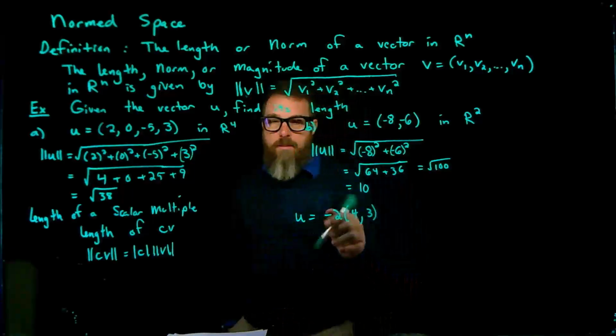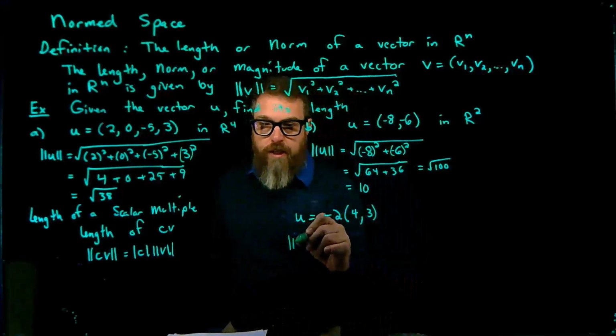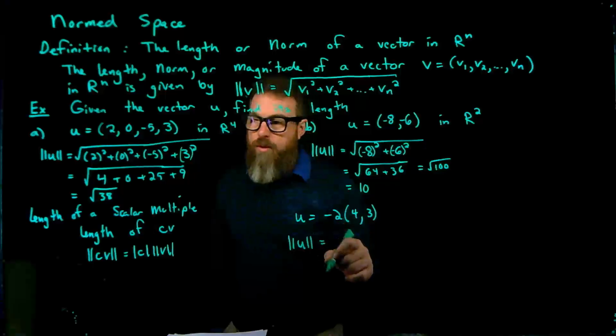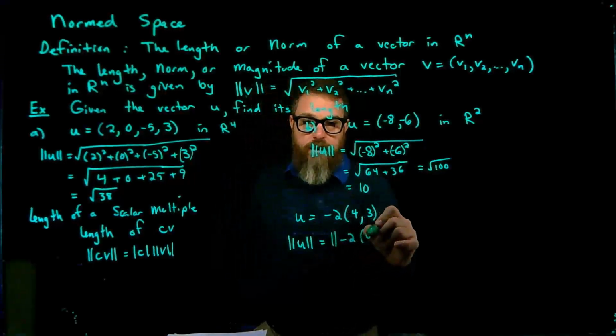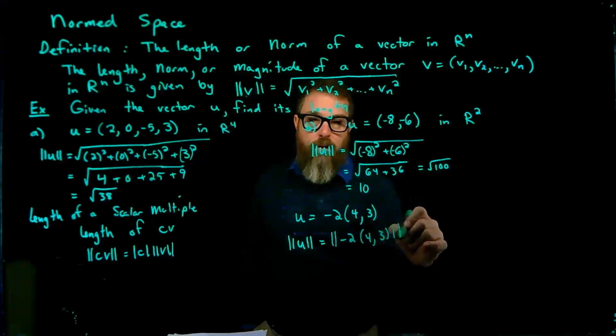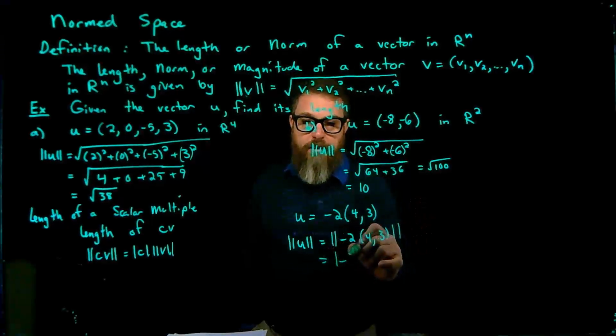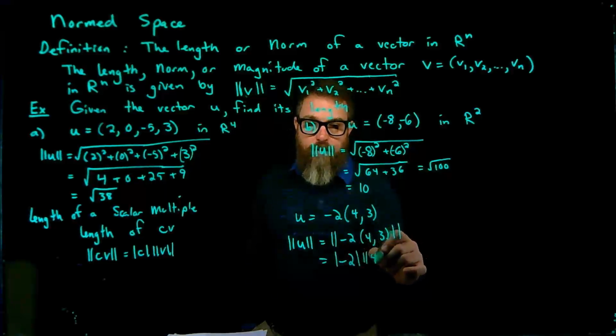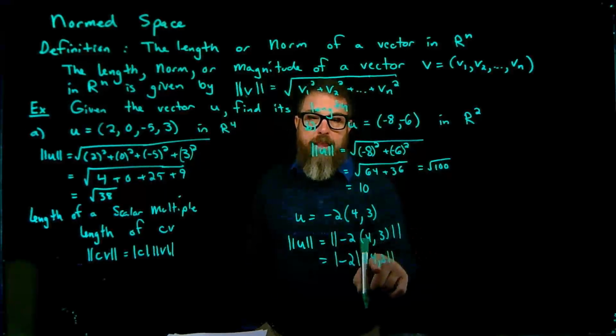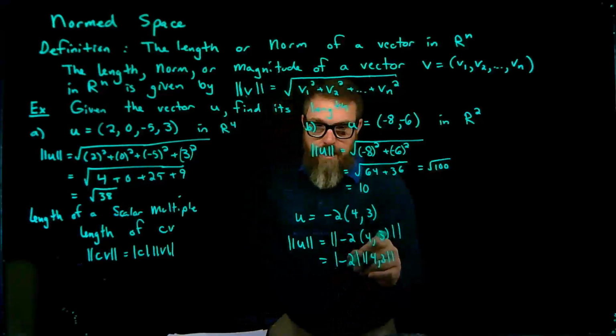So if I want to find the magnitude of, say, u here, well, this is going to be equal to the magnitude of this. And what we know is that this is going to be the absolute value of negative 2, because that's a scalar, multiplied by the magnitude of 4, 3. And the magnitude of 4, 3 can be done the exact same way that we had here.